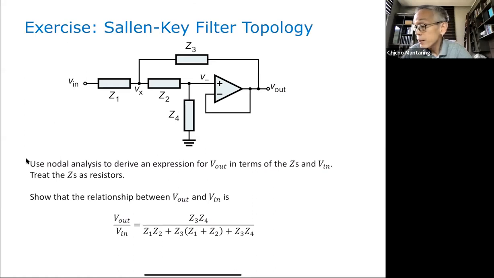But the op-amp will have the same relationship, whether it be impedance or resistance. So you can compute for the relationship between V out and V in, given this particular topology. You call this the Sallen-Key filter topology. This is used to implement different types of filters. Okay. So the problem is just asking you to compute for this relationship.